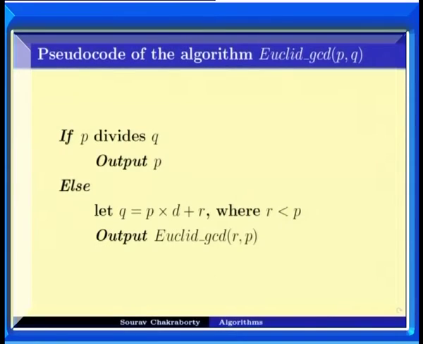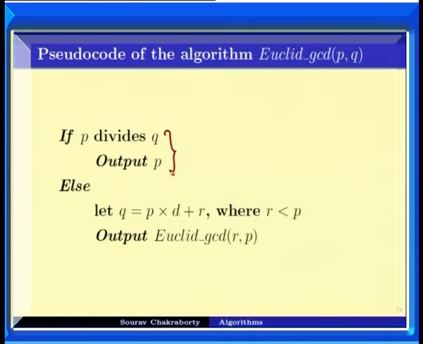So here is the pseudocode of the whole algorithm. Pseudocode is just 4 lines and is very simple. What is it? If P divides Q, of course we know that the GCD is P, so we output P. The first part is kind of trivial.